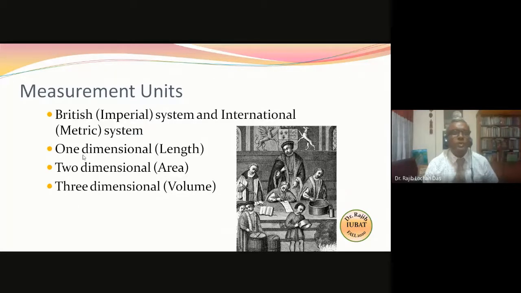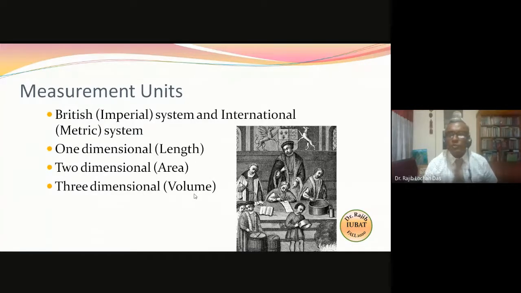So if you use one-dimensional, that is length, you can say centimeter. And if it is area, then you will say centimeter square, centimeter into centimeter. So why square? Because it is two-dimensional. And what about three-dimensional?